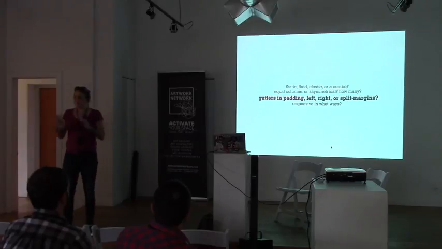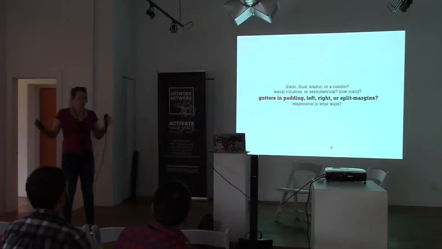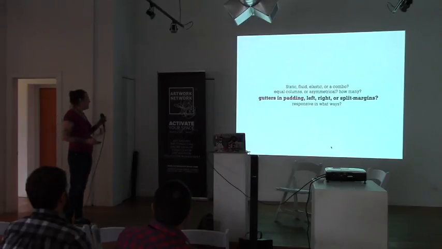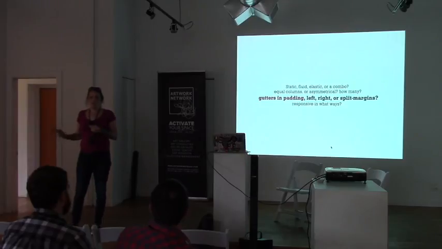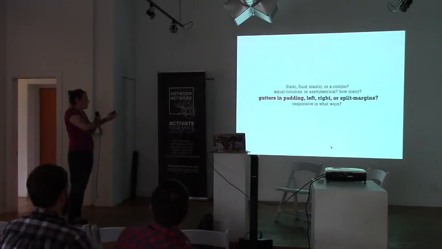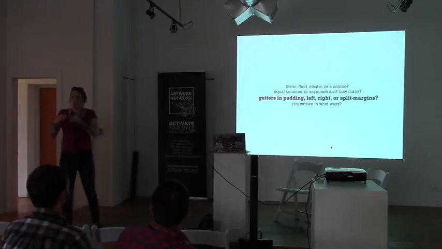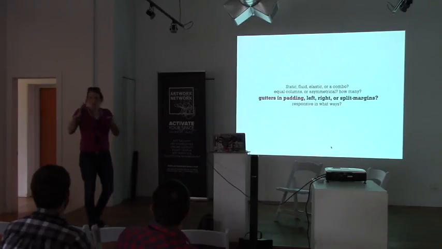Equal columns or asymmetrical columns. Are you going to do a golden ratio because you believe in magic? Where are you going to put the gutters? Do you have gutters between columns, and where do they live? Are they on the left margin, the right margin, both margins, or in padding? And go with padding every time. I'll show you why. And how's it going to respond?